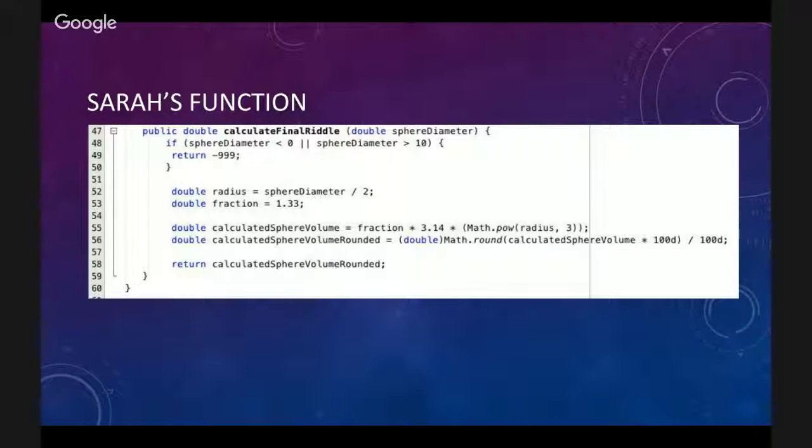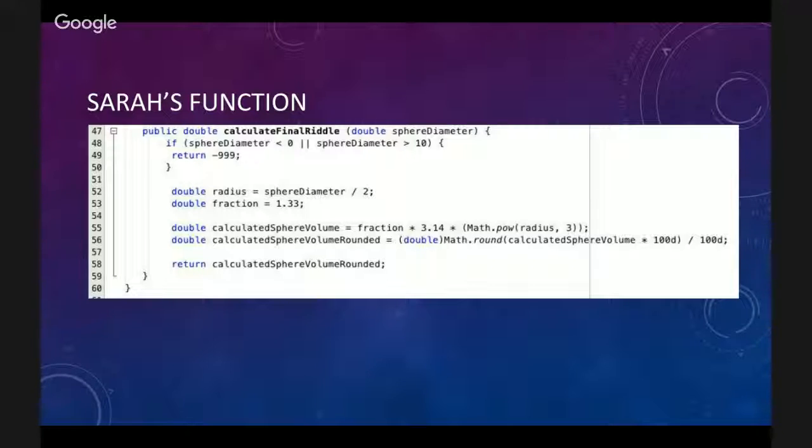Now, to make this a little easier to read, we split up sphere diameter into radius, and we turned 4/3 into its own variable, fraction. And then we use 3.14 to simplify pi, because that made it a lot easier.